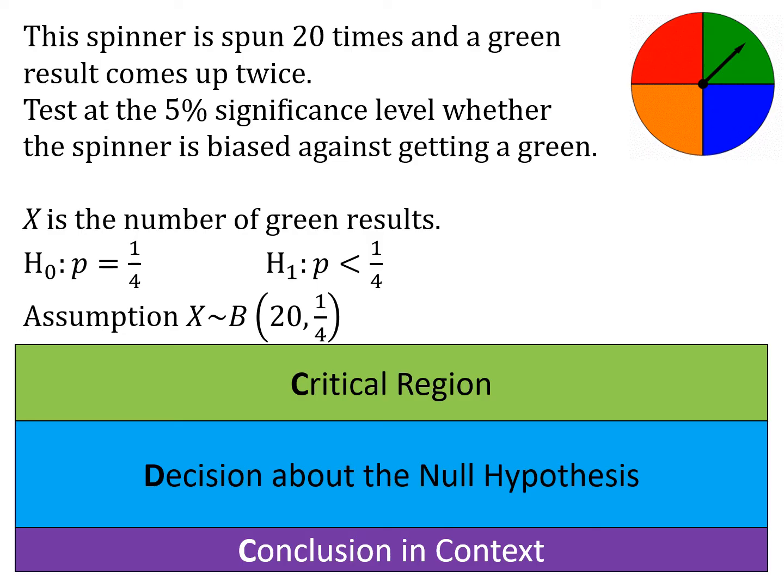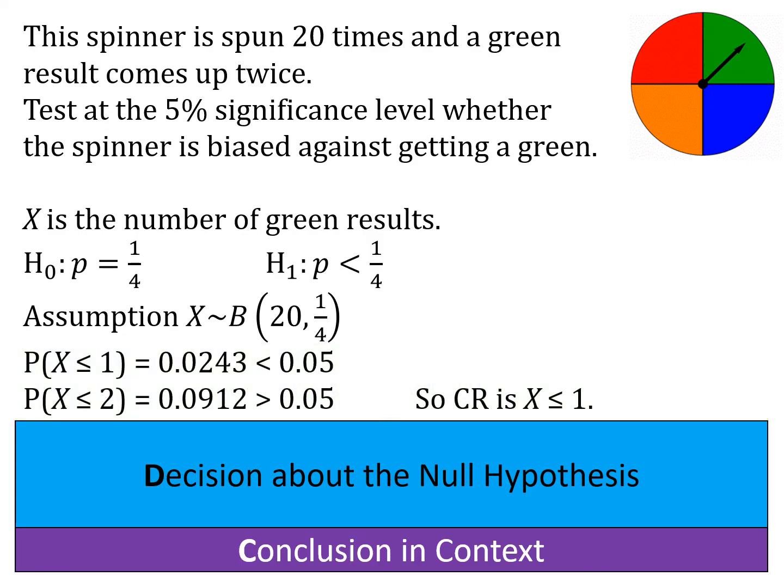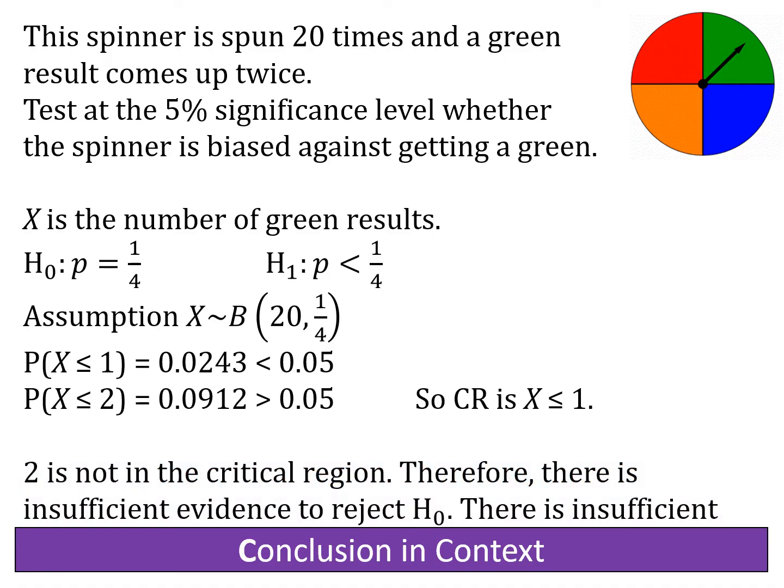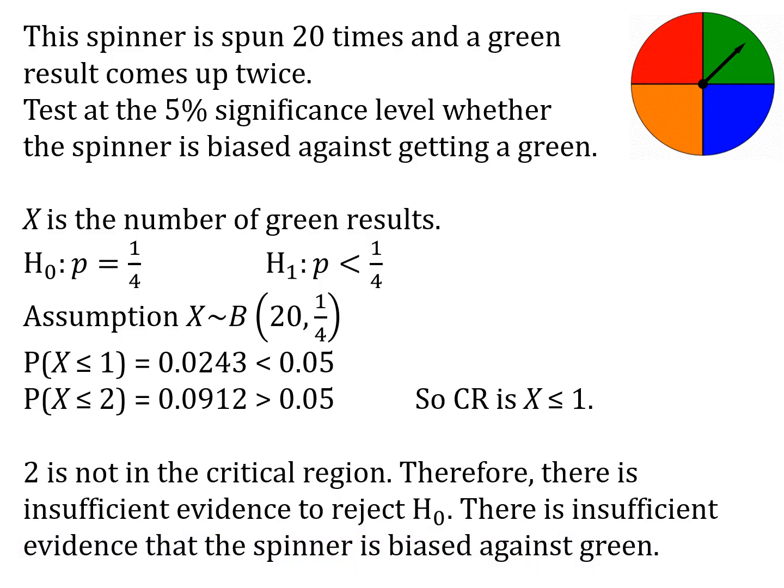We then used our calculator to find the critical region, making sure that we write both those probabilities down. We then look at our test statistic and decide whether it is in the critical region, and therefore decide whether there is evidence or not to reject the null hypothesis H0. And then we always have to write that conclusion in context. And that's doing a hypothesis test for the binomial using critical regions.